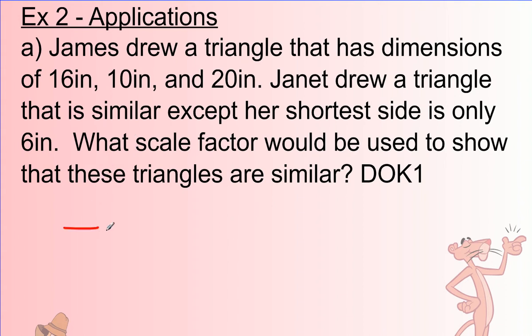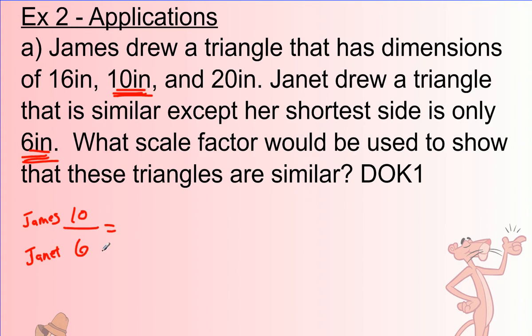So, from James's shortest side to Janet's shortest side, there would be a start of our scale factor, the ratio. Now, this is going from Janet to James. And I just need to simplify this.